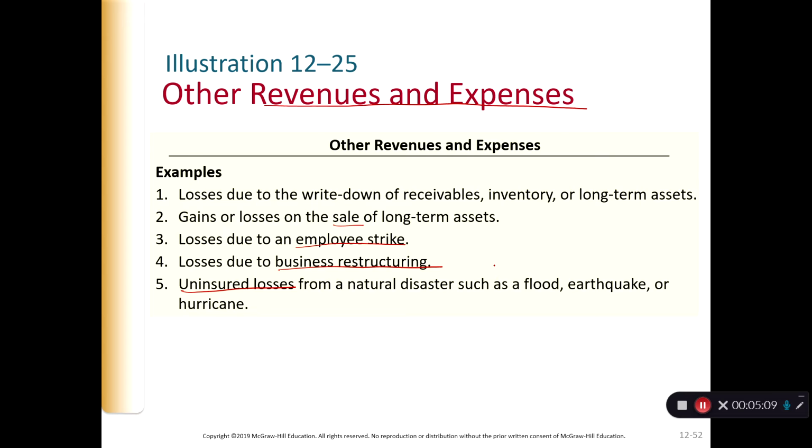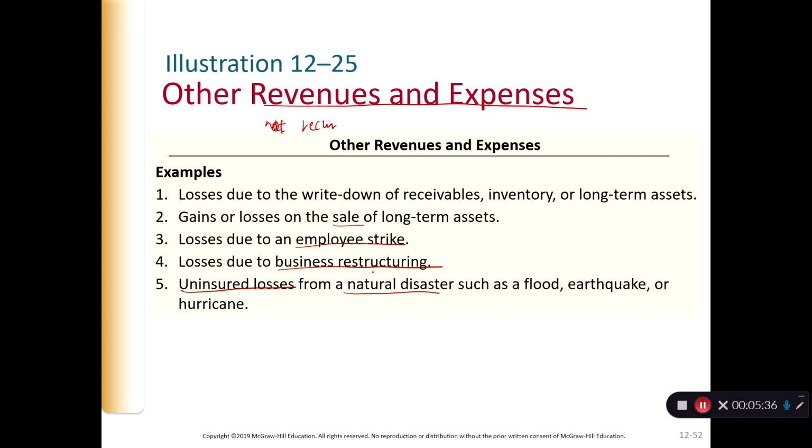So there are many other revenue and expense activities that are not expected to reoccur often. You're not always going to lose money for restructuring, or lose money due to a natural disaster. That kind of thing happens, but not quite often.